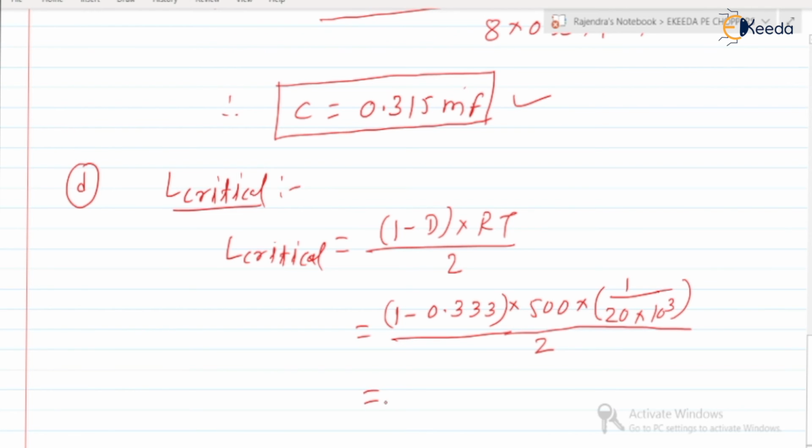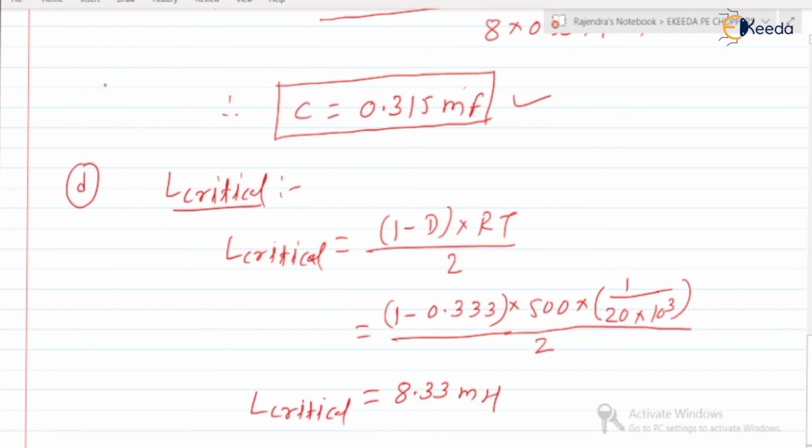So it is 1 minus 0.333 into 500 divided by 40. Yes, it is 8.33 millihenry. This is L critical, right?